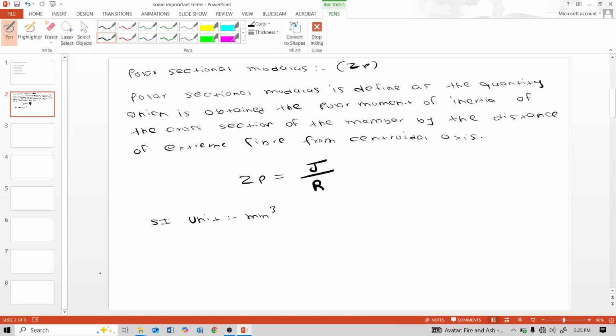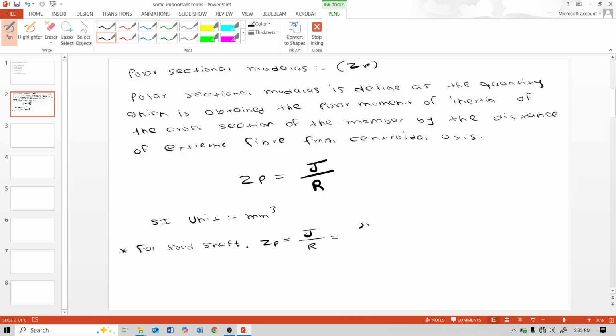And for solid shaft, polar moment of inertia is pi d raised to 4 upon 32.